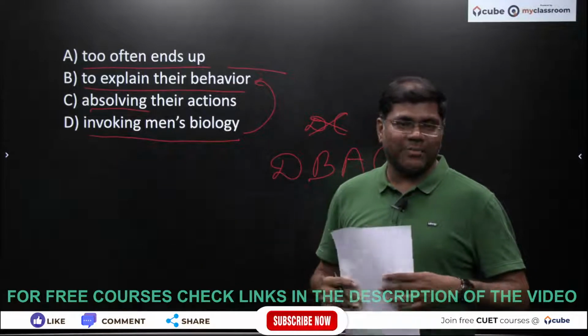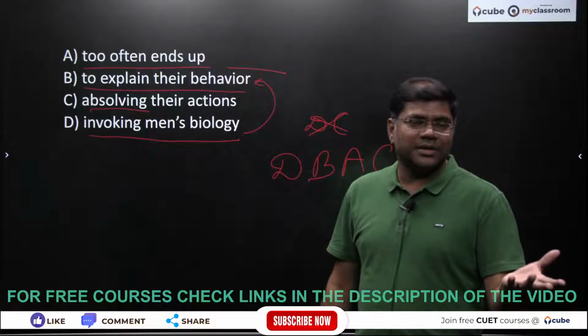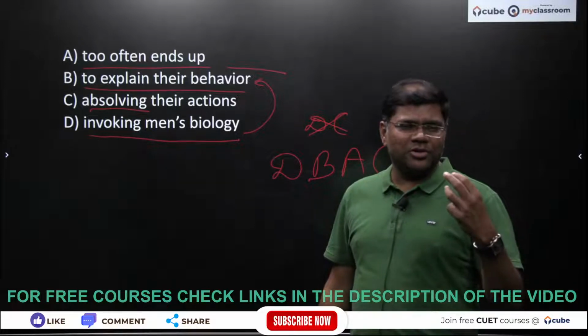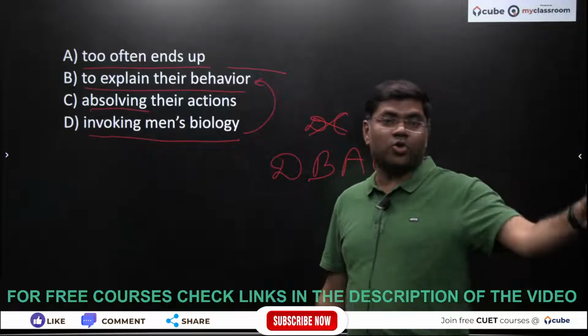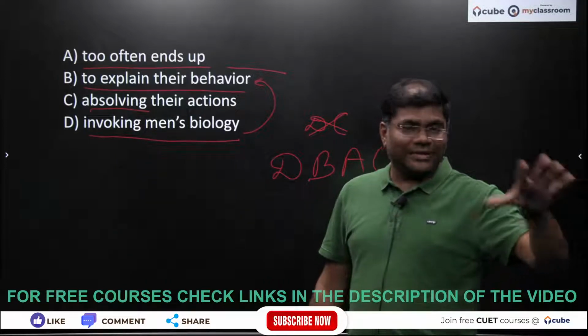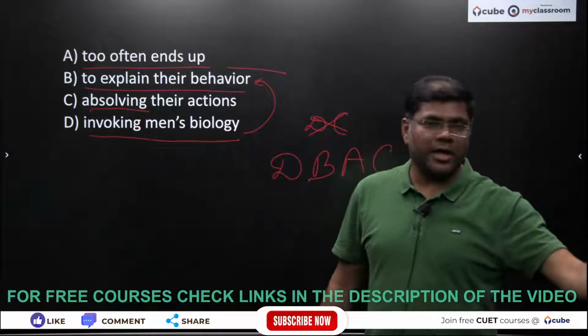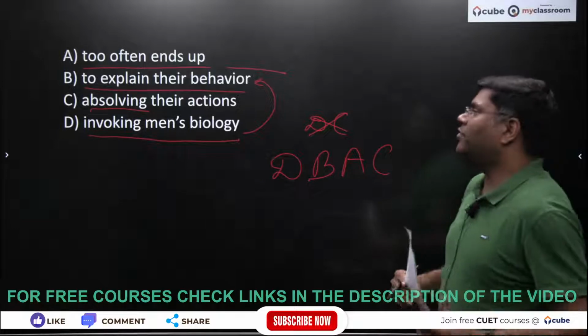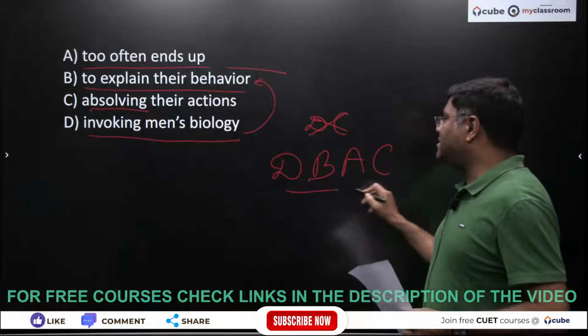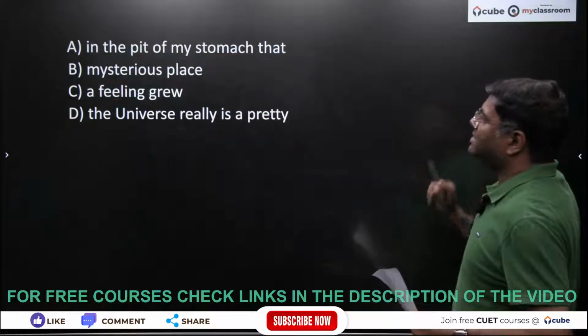For example, in legal cases, you are caught in a legal case and blamed for something, but then the court says that you are not to be blamed, you are innocent. That means you have been absolved. Absolved basically means to free someone from some sort of blame. That is the meaning of the word absolve. That is the right sequence.